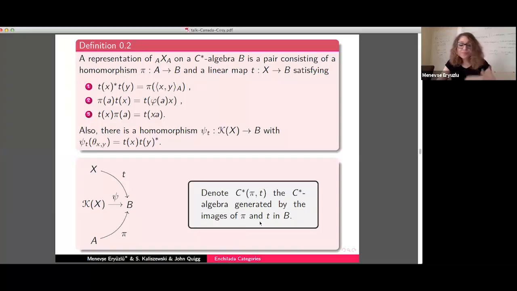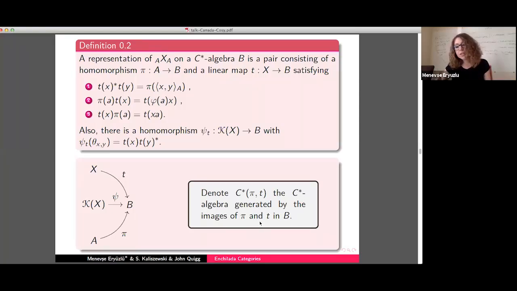It is the C-star algebra generated by the universal covariant representation of the C-star correspondence. However, as I said, we're going to define a functor between these two categories that I was just talking about.